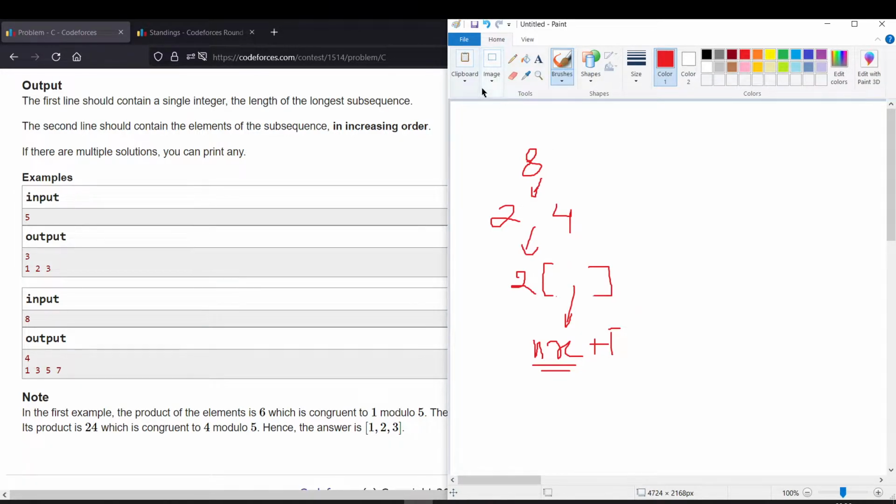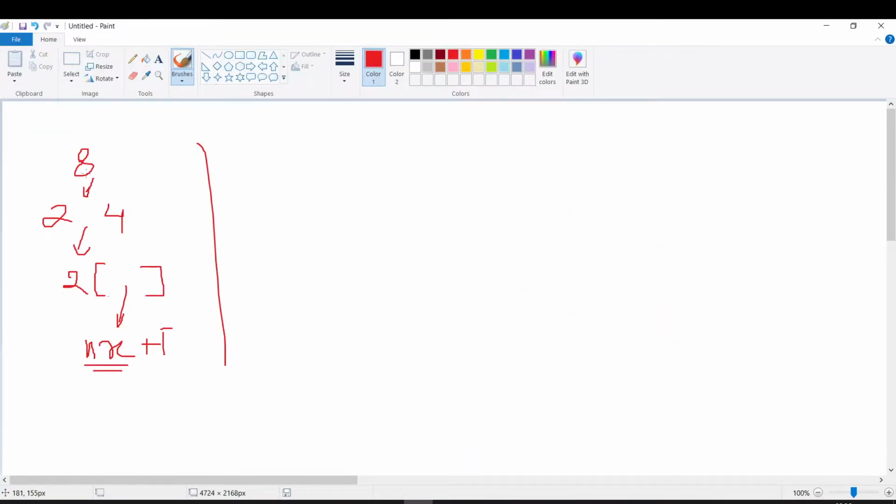See, let's say we have something like this. I think we should not include any factor of the same number, because if we have a number like 8, and let's say I include 4 in this, now if we try to produce all the multiples of 4, like 4 into 5 is 20, and 20 modulo 8 will be 4, because 20 minus 16 is 4, right?